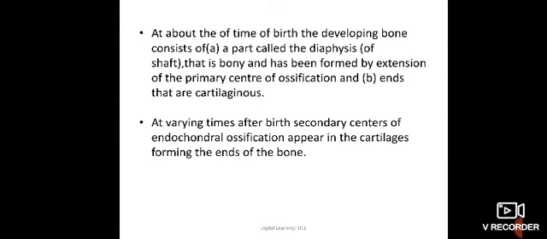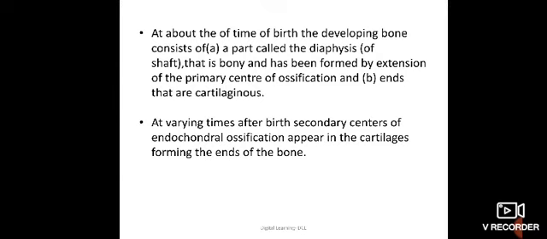At about the time of birth, the developing bone consists of a part called the diaphysis, that is bony and has been formed by extension of primary center of ossification, and ends that are cartilaginous. That is you can see in the pictures given in the last slide.